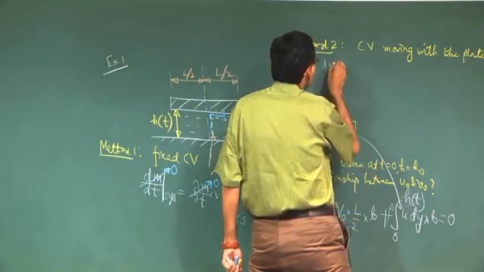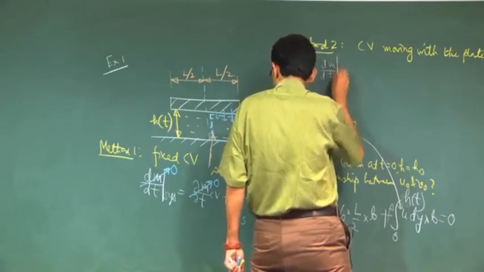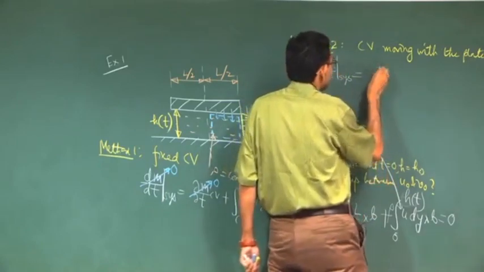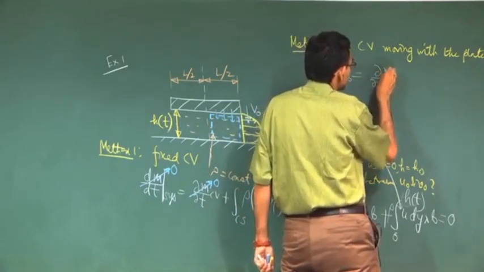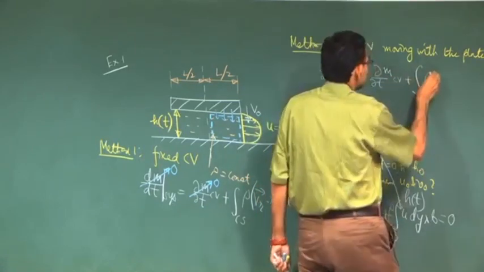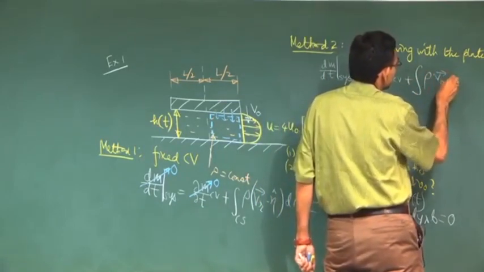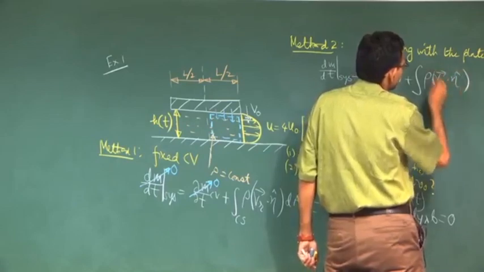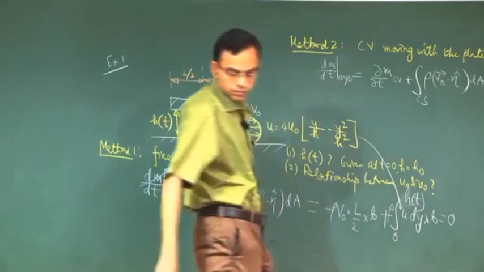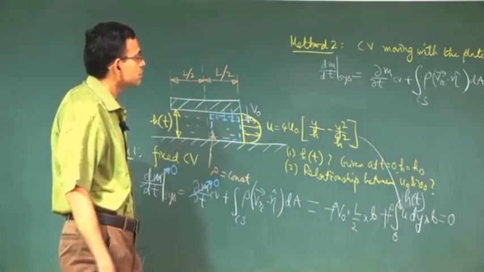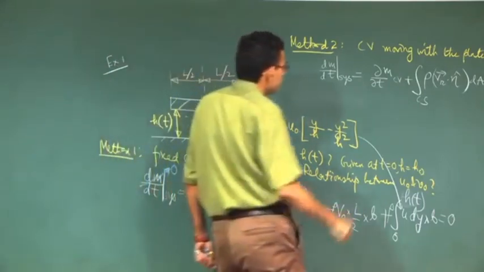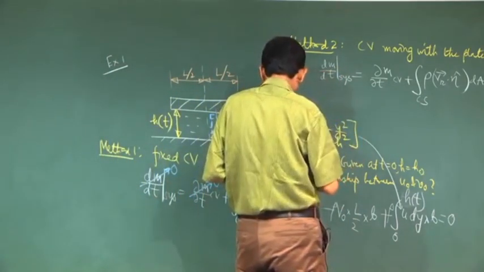So dm dt, this term, the first term is always 0.